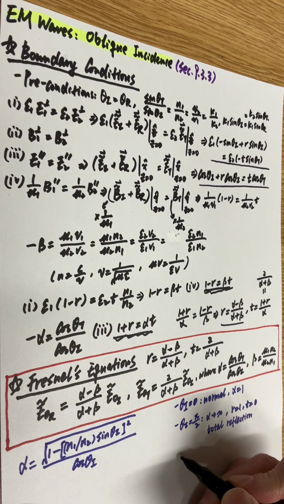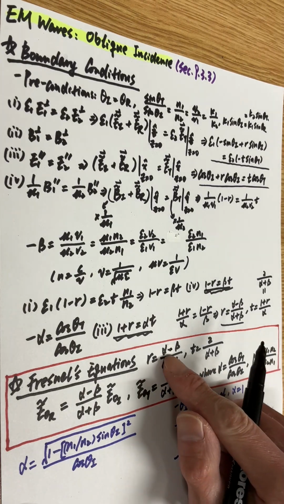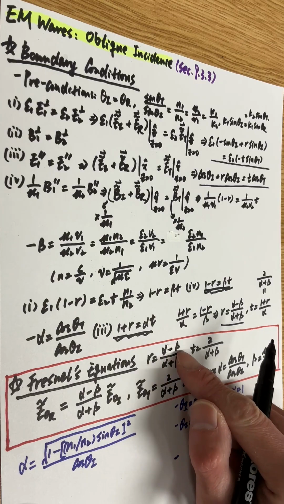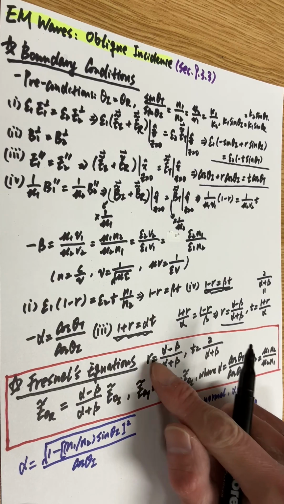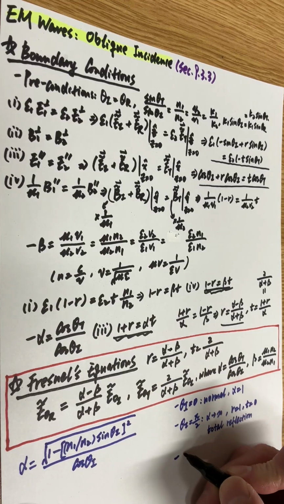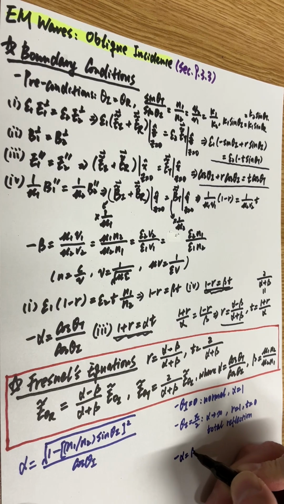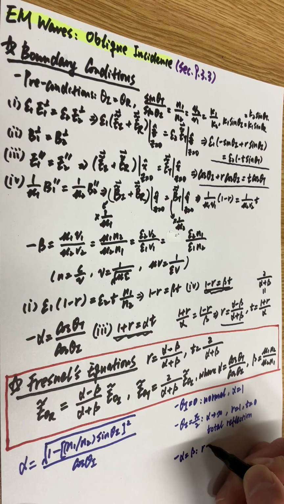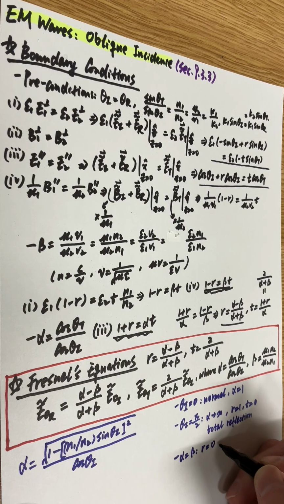In the third case, what happens when I have alpha equals beta? Then we have r equal to 0, and we have total transmission.